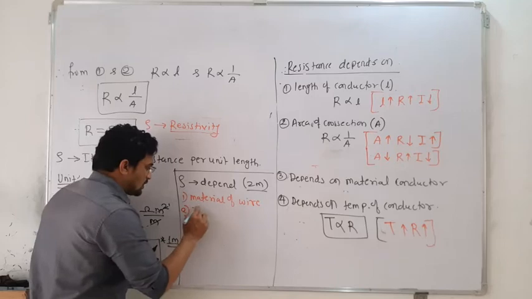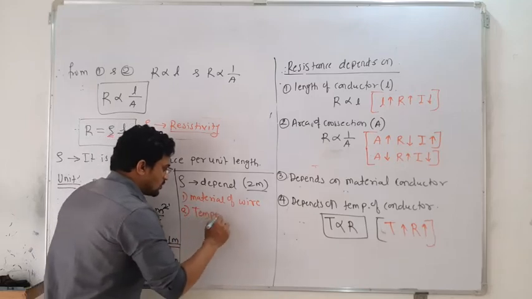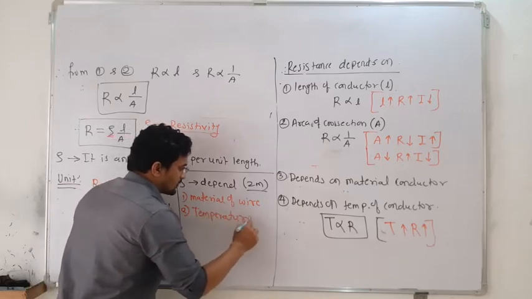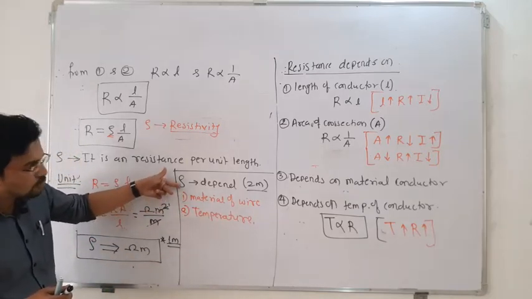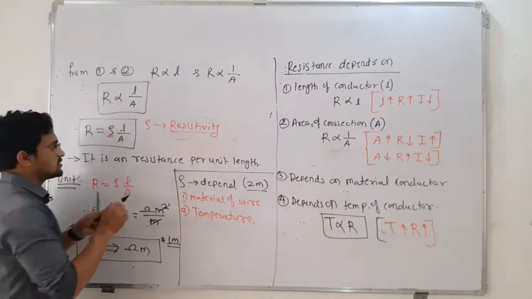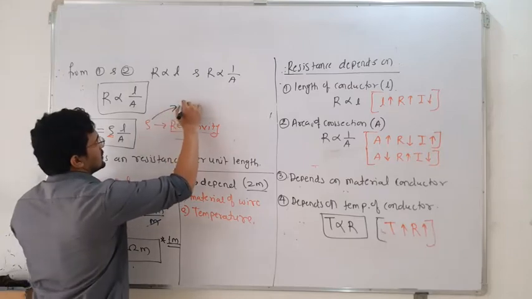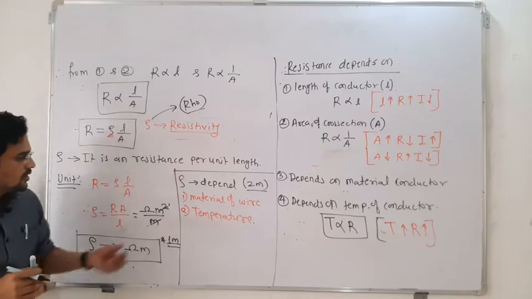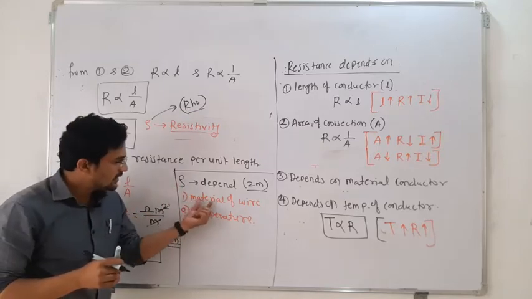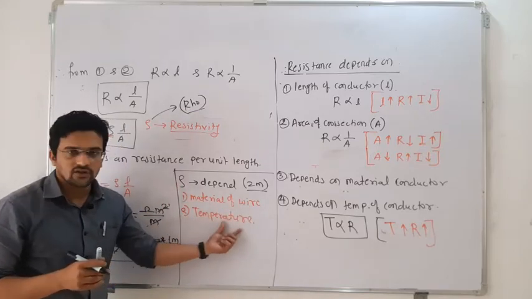And the second is temperature of the wire. So only on these two parameters does rho depend. This Greek symbol is called rho. So resistivity depends on the material of the wire and the temperature of the wire.